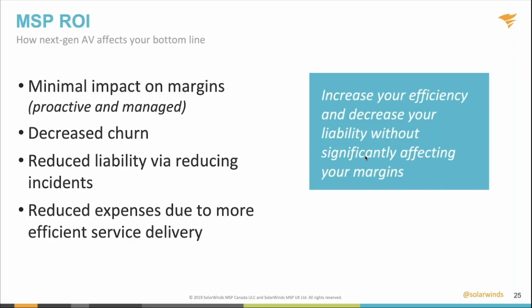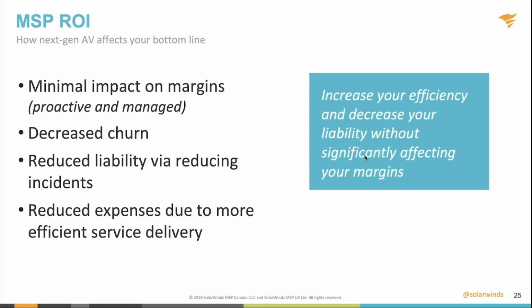Decreased churn, we talked about that a little bit before. Security is probably the biggest thing that causes a customer to churn, and you want to do as much as you can to decrease their opportunity to churn away from you. Reduced liability, again, by reducing the number of incidents, and that reduced liability is huge.